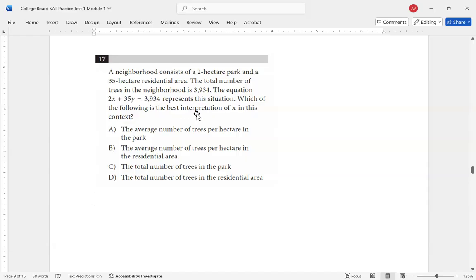And so if we're looking at the best interpretation of x, it'd be the average number of trees per hectare in the park, which is A. Therefore, the answer to question 17 is A. The average number of trees per hectare in the park is the representation of x.